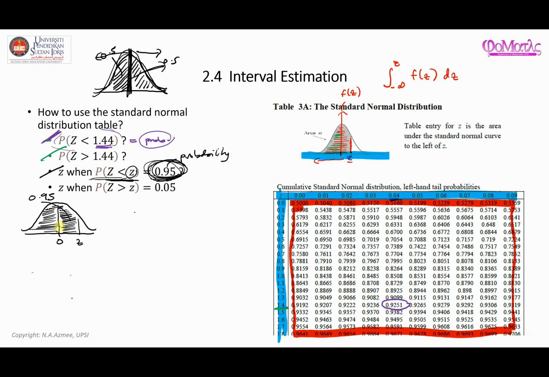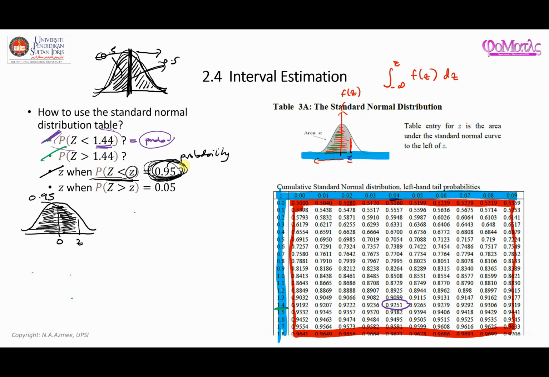Now you can see that the area shaded in this region is the same thing as the area shaded by this table, and therefore it gives you the indication that the answer can be directly obtained from the table without doing any sort of manipulation.